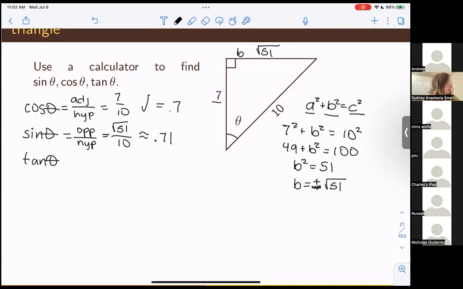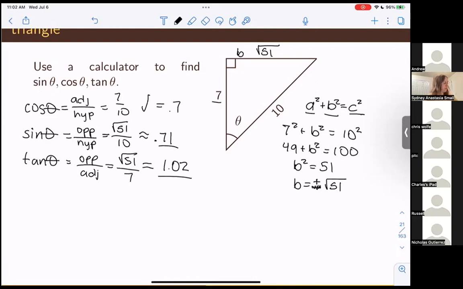And then tangent of theta is the opposite over adjacent. So that's just square root of 51 over 7, which is about 1.02.